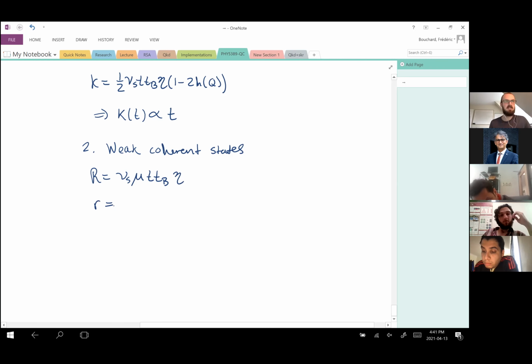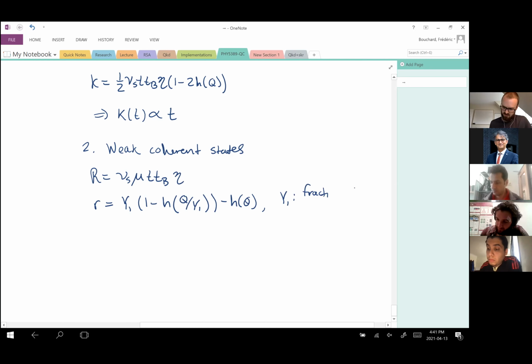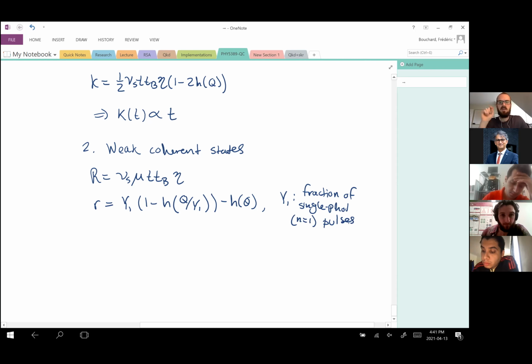One other thing that changes is the secret fraction. Let me just write that down, and I'll go through it. Y1 is the fraction of single photon, which means n equals 1 pulses, which means how many single photon states on average you get from Alice.